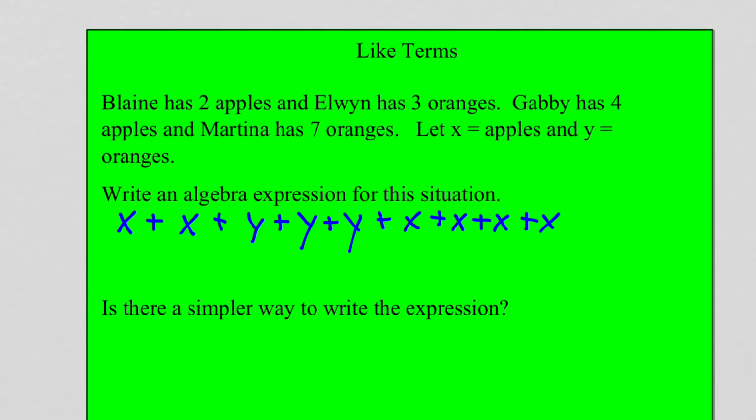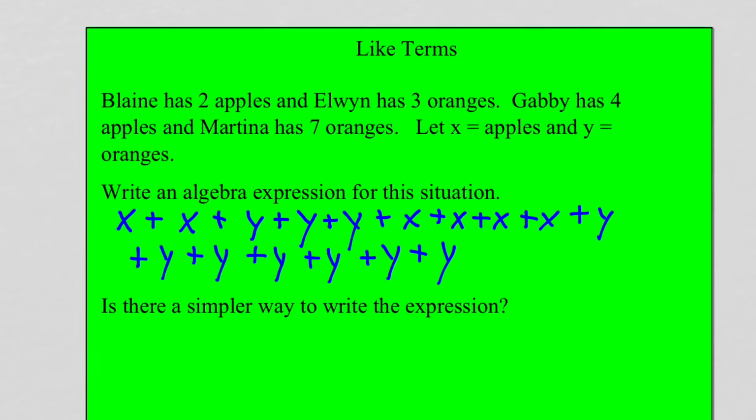Martina has 7 oranges, so I'm going to write 7 y's: plus y plus y, that's 3 of them, 4, 5, 6, 7. So look at all that. There's an algebra expression for this situation.